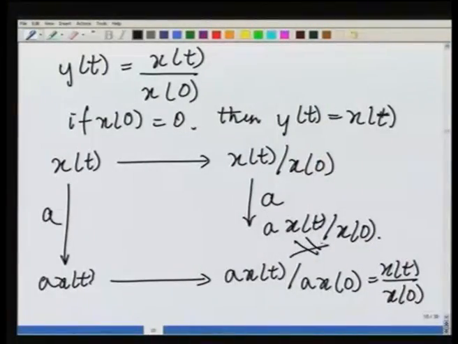Now, these two things are definitely not equal to each other. There is no doubt that the system is not homogeneous for all signals where x(0) is non-zero, because wherever x(0) is non-zero, this is what we would be writing. Now, if x(0) is 0, then what happens? Of the set of all signals in this world, separate this set into two parts: those signals which have x(0) equal to 0 and those signals for which x(0) is non-zero.